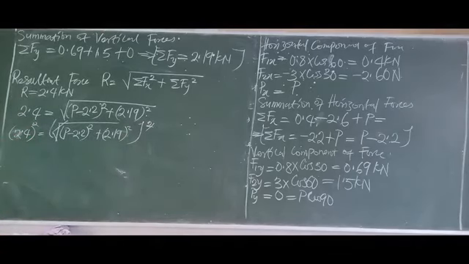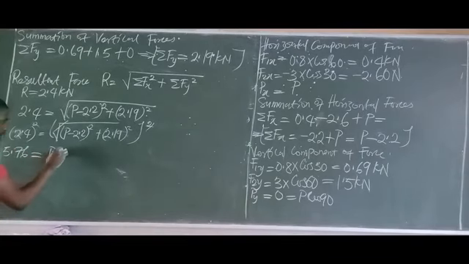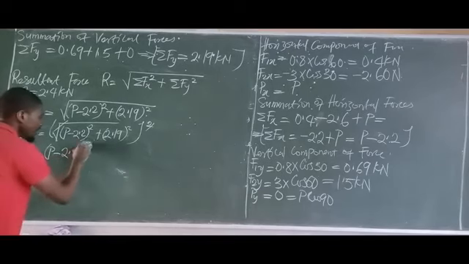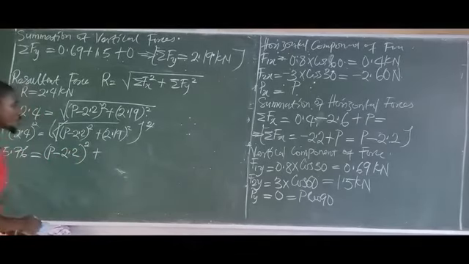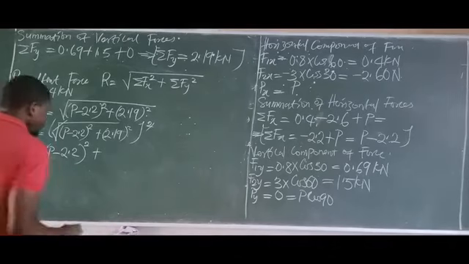So let's evaluate 2.4 squared. So 2.4 squared gives us 5.76, and that's equal to, here now this square cancels this square root, so you have p minus 2.2 all squared, okay, plus let's obtain 2.19 squared.